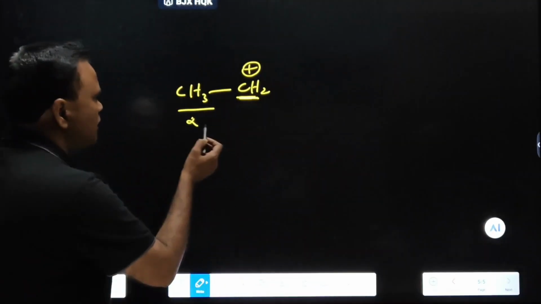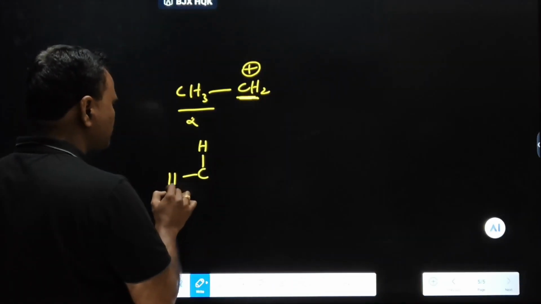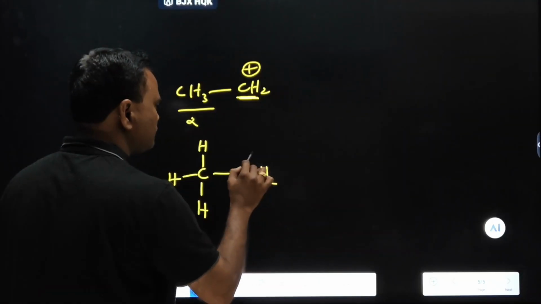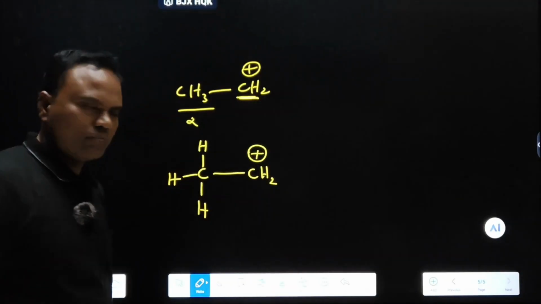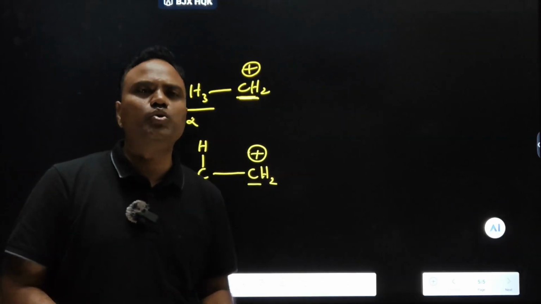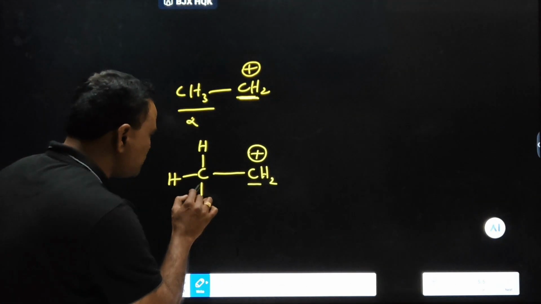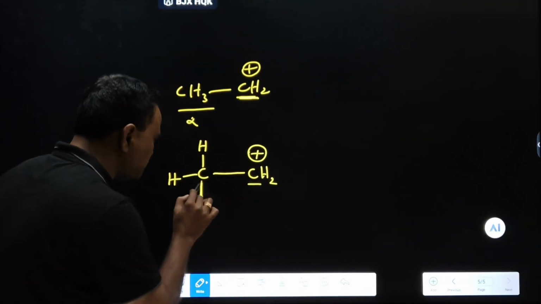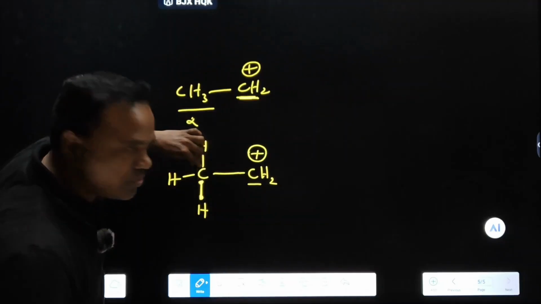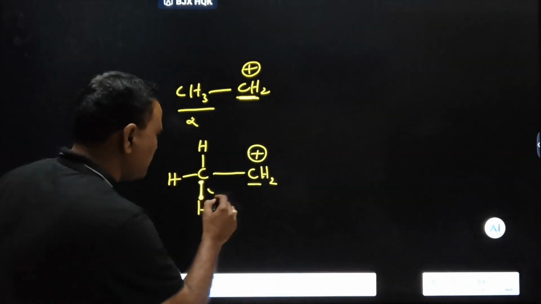Okay, right. I am expanding the structure. Look at this. We know carbocations are electron deficient. Right, they need 2 electrons to complete octet. To complete octet configuration, this carbon hydrogen sigma bonded electrons will shift like this.